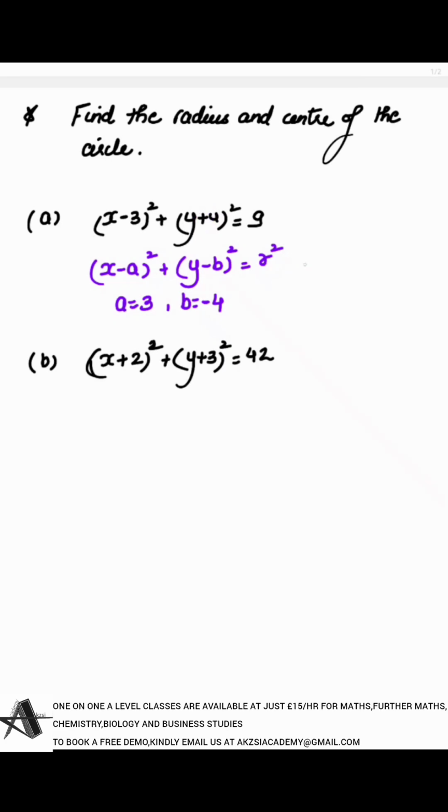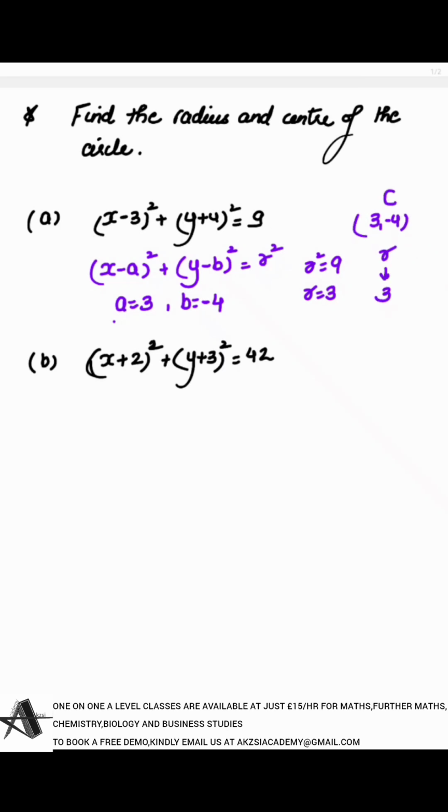On comparing, r squared is equal to 9. On taking the root, I'll get plus 3 and minus 3. But a radius cannot be negative, so we take 3 as the answer. So the center is 3 comma negative 4, whereas the radius is 3.